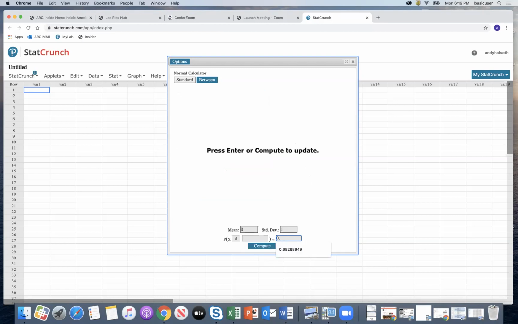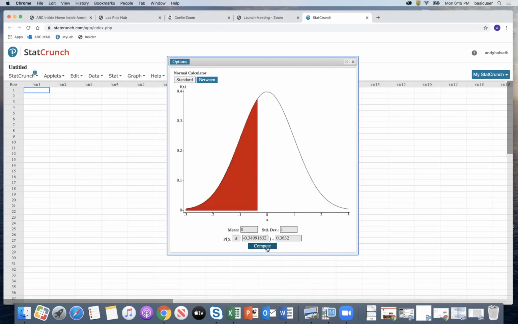So if I do that for 1A, 0.3632, and then hit compute. And then I'm going to round, what does it say? 3 decimal places. So my z-score is negative 0.350. And that's it. You do have to make sure you have the inequality right.